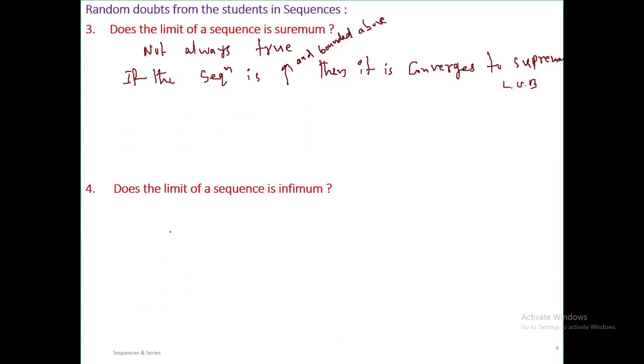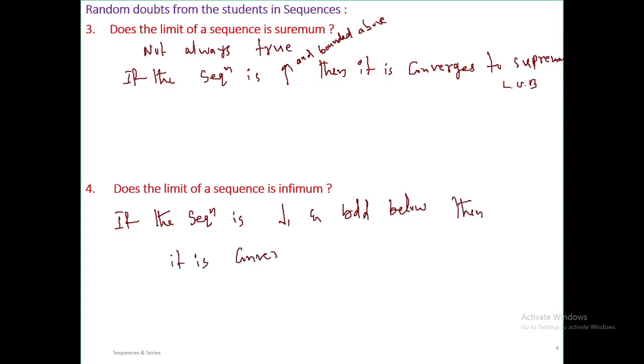If the sequence is decreasing and bounded below, same story here, then it converges to its greatest lower bound, or infimum. Okay, infimum. That's it.